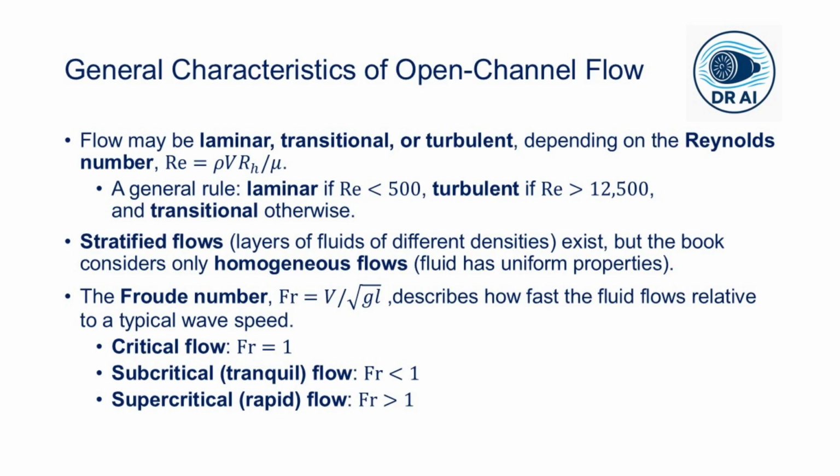But in open channel flows, it's the Froude number, which is the ratio of the flow velocity to the wave speed. Many of the equations and concepts we use in one field have a direct counterpart in the other. A hydraulic jump is the analog of the shock wave in supersonic flow. It's the same fundamental physics, just in a different medium.